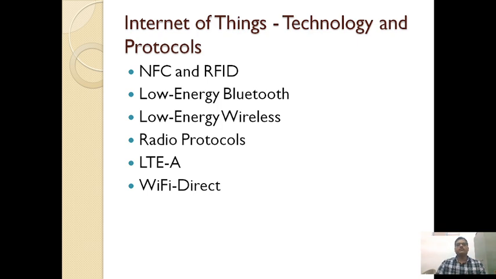Now come to NFC and RFID. All of you know about radio frequency identification, which is known as RFID, and NFC is near field communications. These provide simple, low energy and versatile options for identity and access tokens, connection bootstrapping, and payments.